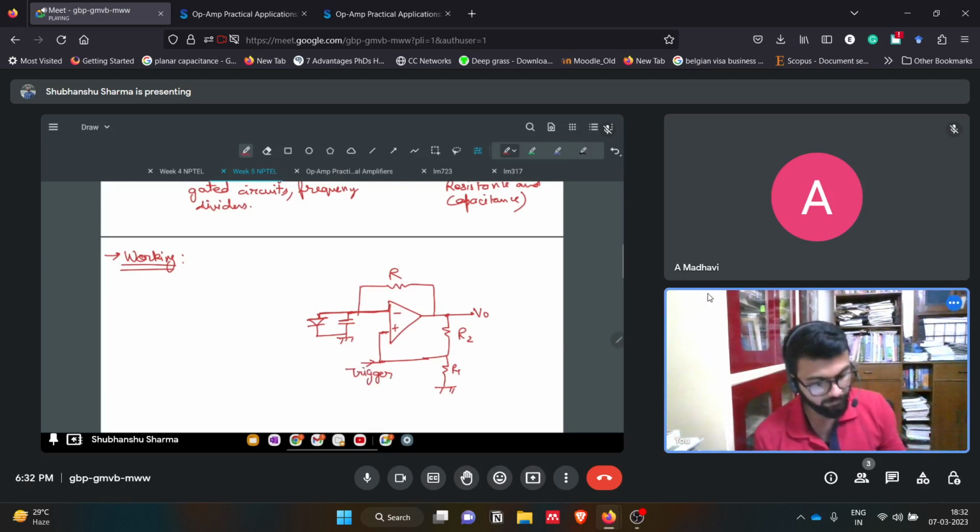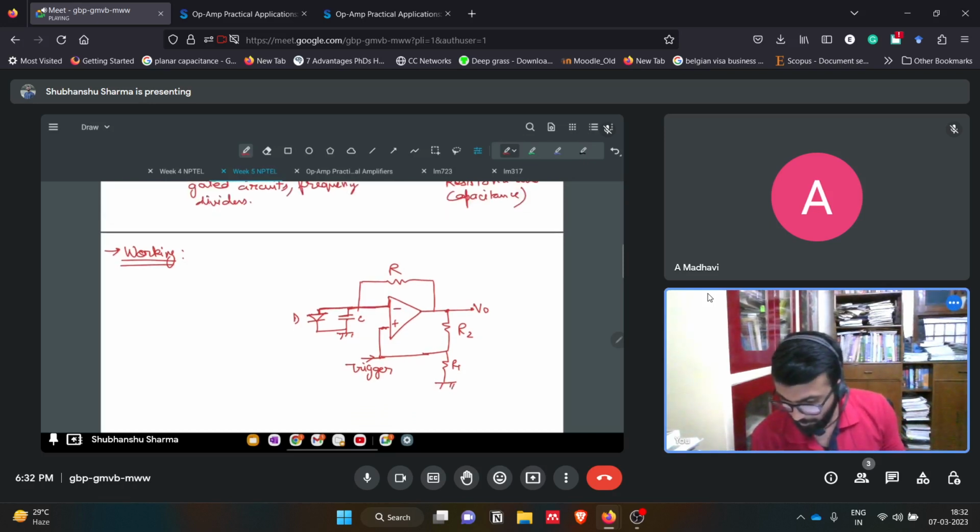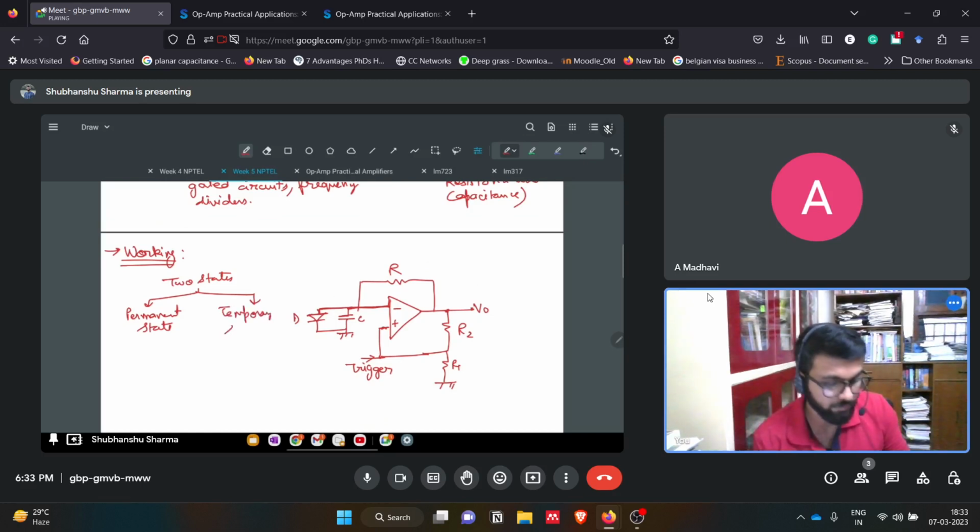Now after looking at the circuit, we'll see the working of this. So how will this work? As we know, it has two states. One is the permanent state, another one is the temporary state.